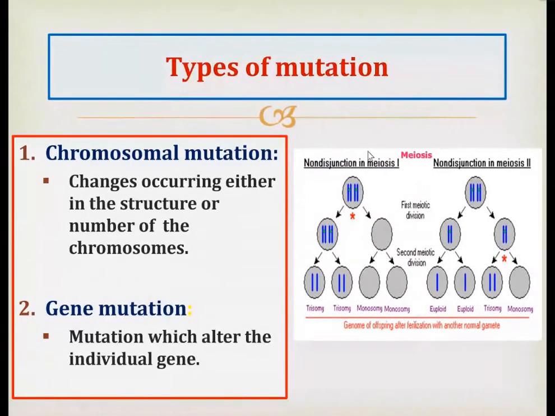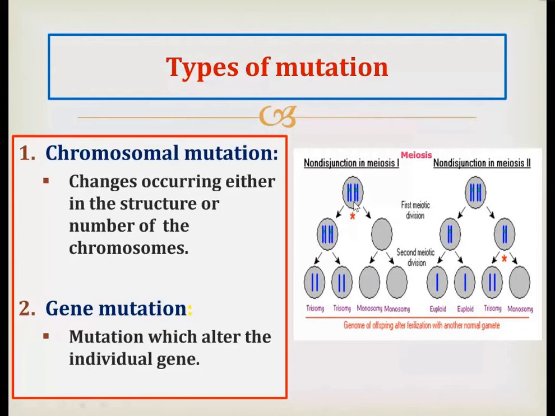Now just see, in the previous slide I mentioned non-disjunction. Just see what has to happen in meiosis 1 and in meiosis 2. In meiosis 1, this pair of chromosomes has to enter into one daughter cell, and in the second meiotic division normally each cell has to receive one chromosome.